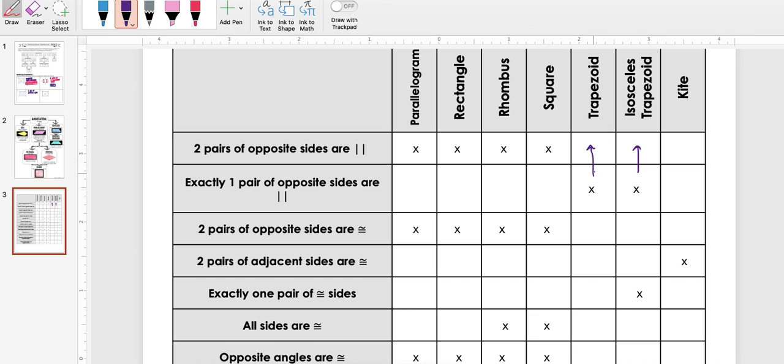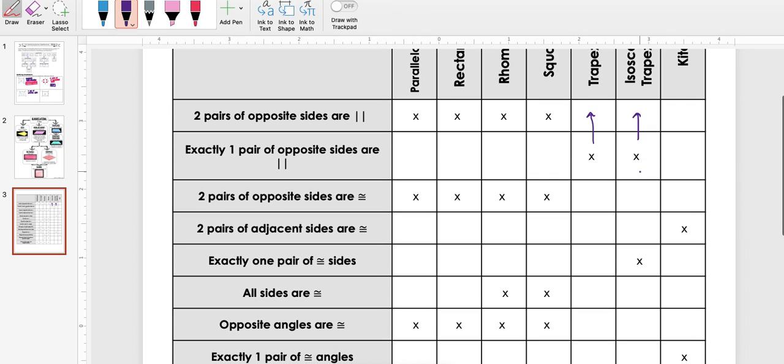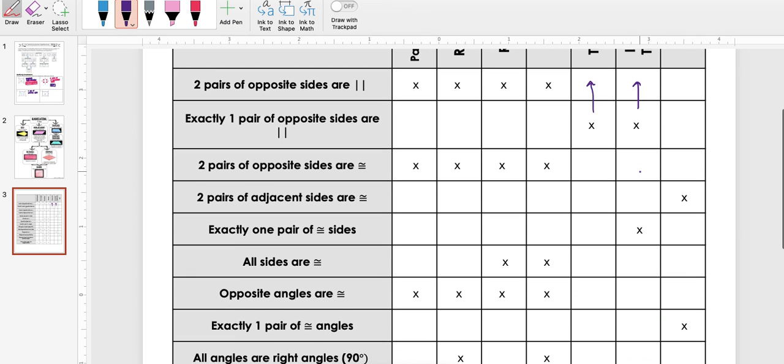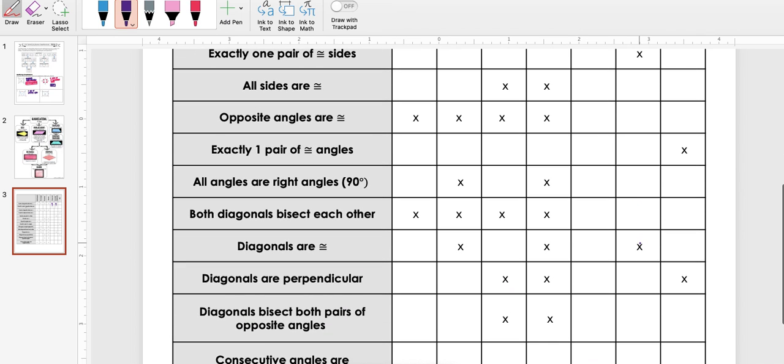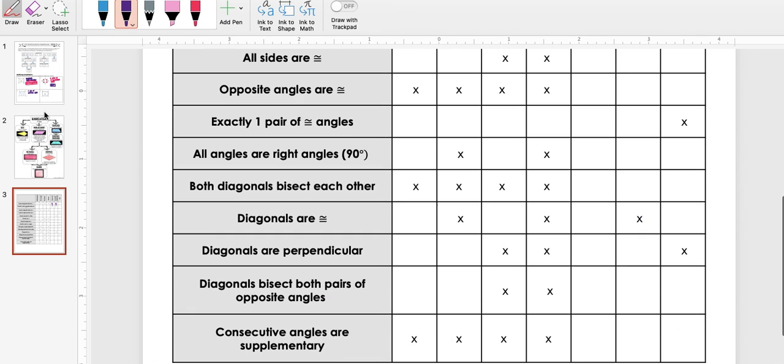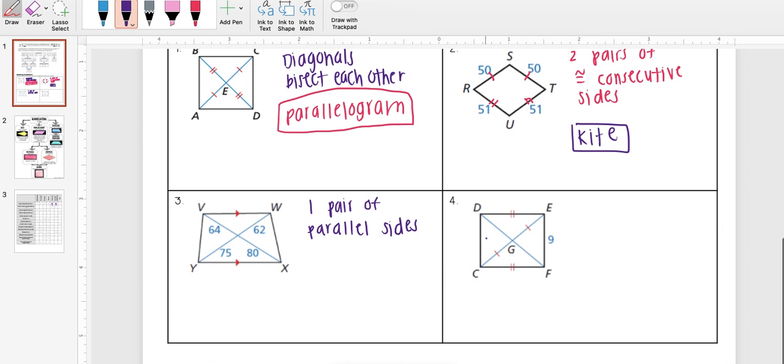So I know it's at least a trapezoid. Isosceles trapezoid has a few more things that come with it. I see for an isosceles, it has exactly 1 pair of congruent sides, and the diagonals are congruent.